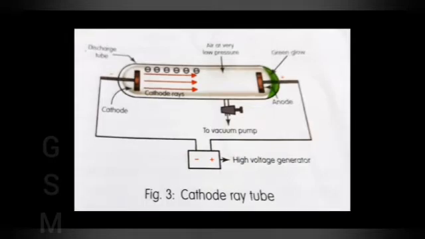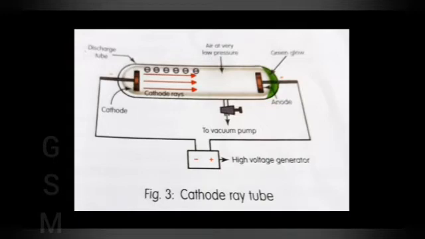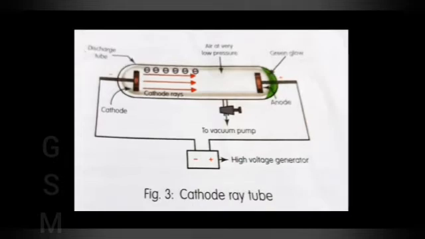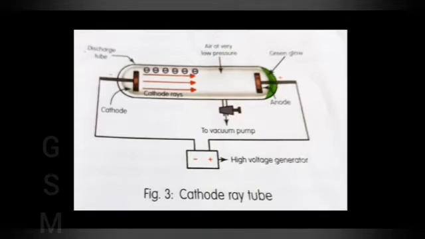Look at the picture. A discharge tube is a glass tube sealed at both ends with two metal plates attached to the two ends. He connected the two metal plates to a high voltage battery. The plate connected to the positive terminal of the battery is called the anode, and the plate connected to the negative terminal is called the cathode.